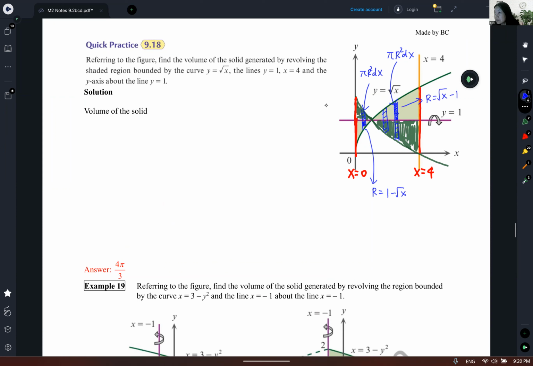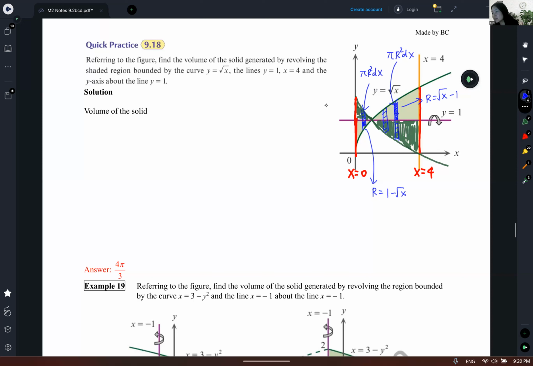Now, if you are calculating the area, obviously the left and the right, you should write it differently. However, since we're squaring r, in the calculation of the small piece, it's not pi r dx, it's pi r squared dx. So although on the left, r is 1 minus root x, on the right-hand side it is root x minus 1.